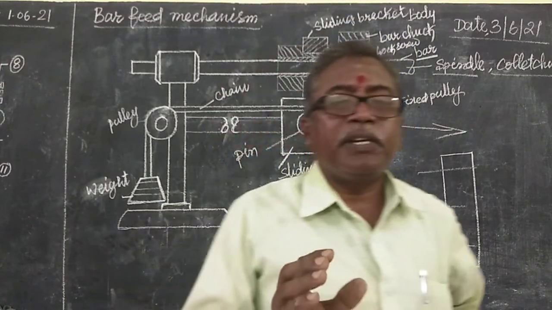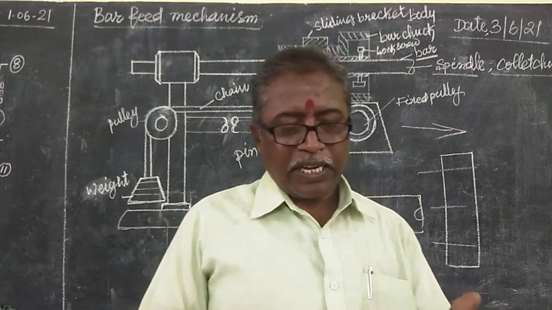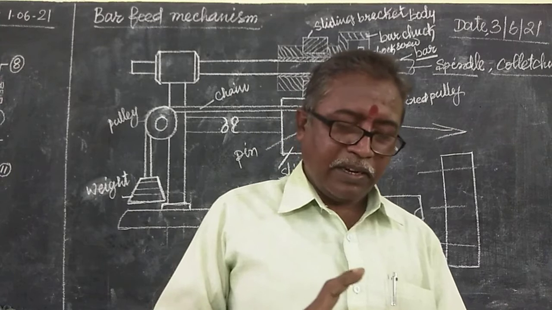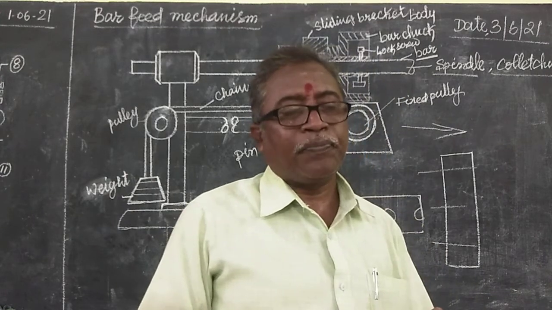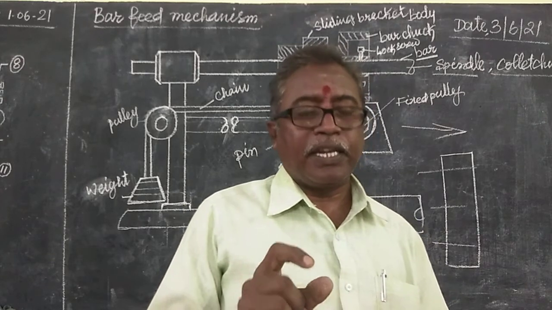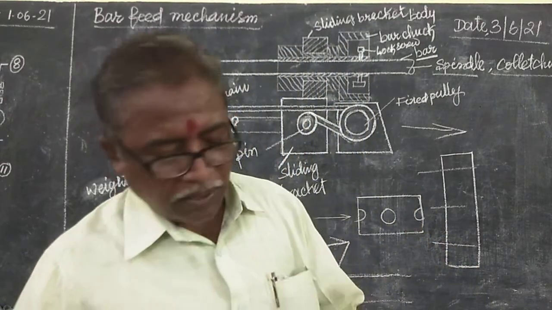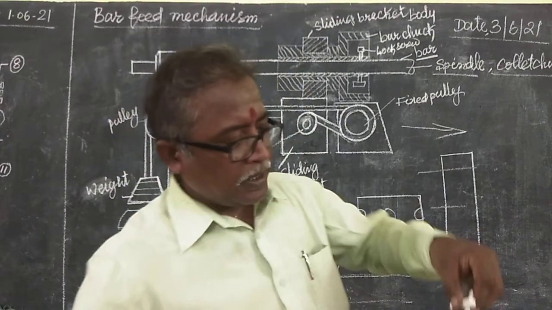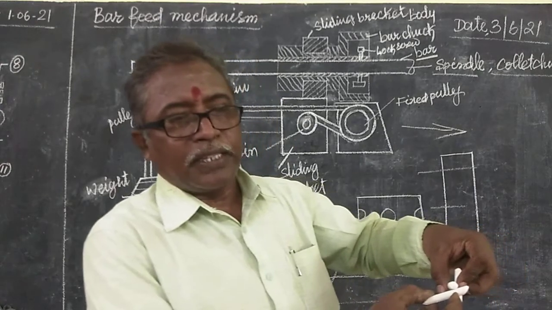Why are we giving support with the steadies? Roller steady we are giving, then end type, then box type. V-shaped steady is there. The V shape is like this. For example, the V is like this. In this, the diameter is held here and the tool comes like this.